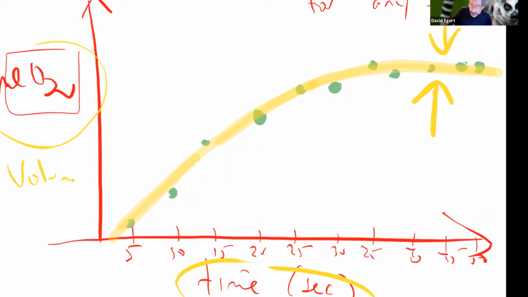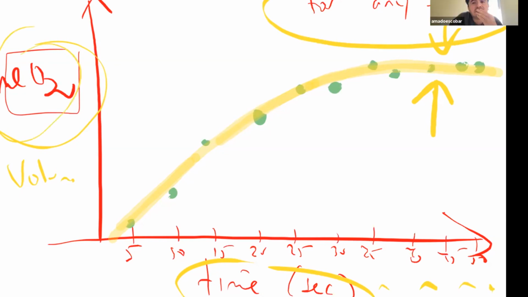So rethink this: it's a single trial, time is going on, and the volume of oxygen isn't changing anymore. So what is happening here? Could it be the enzymes already broke down the hydrogen peroxide? Exactly. Into water and oxygen?